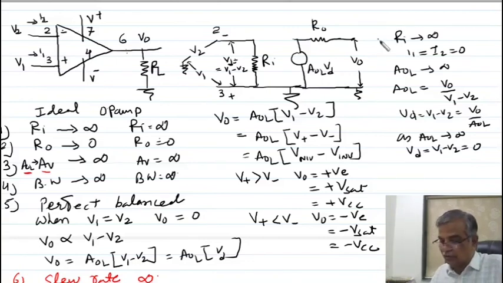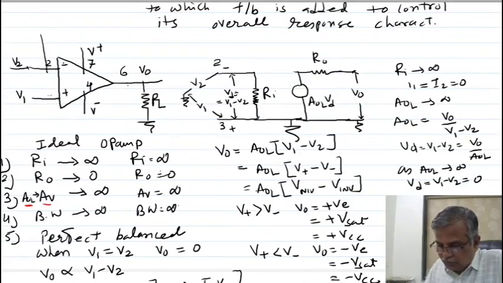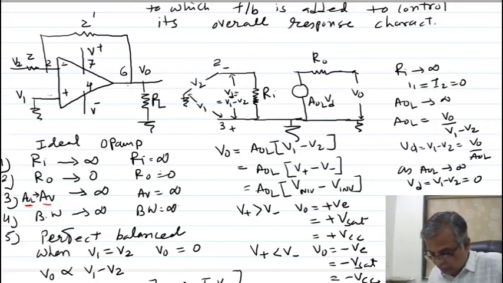This I talked about for open loop operation. Suppose someone says, sir, what will happen in closed loop operation? If I apply some feedback like this, just for your knowledge, this is your closed loop operation. This is called closed loop, and this I am making ground. Even so, this does not draw any current due to very high input impedance. And this voltage does not depend on the current drawn from the output, because RO is nearly 0.